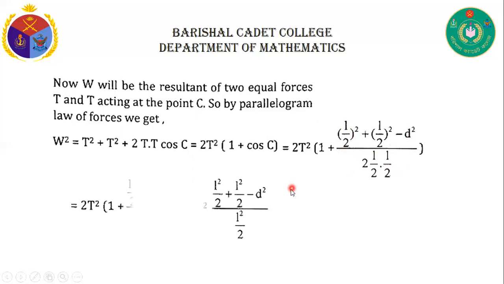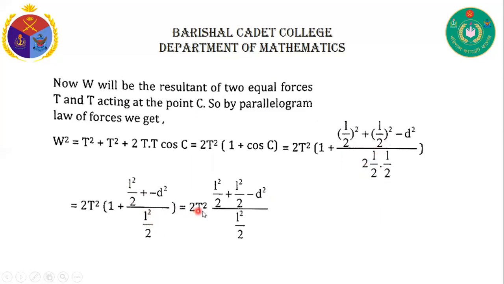Now simplifying this, 2T square into 1 plus L square by 4 plus L square by 4, that is L square by 2, minus D square, and here 2 into L square by 4, so it is L square by 2.